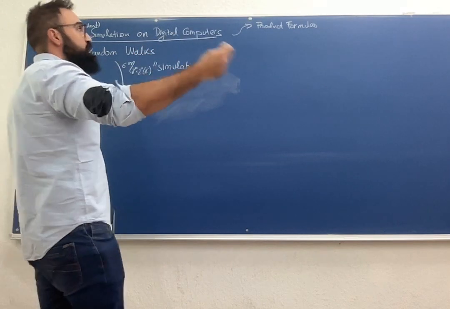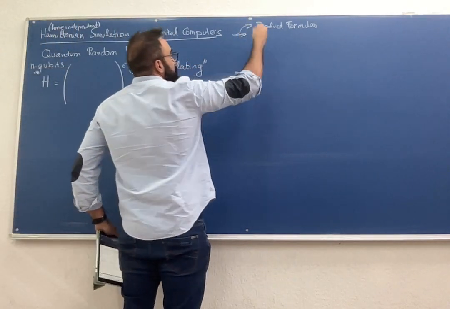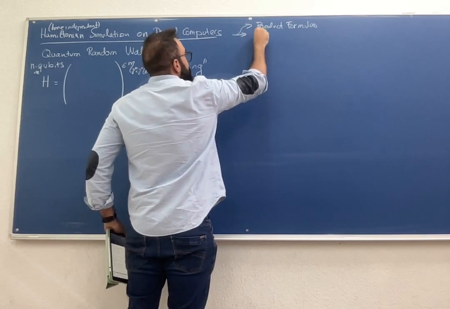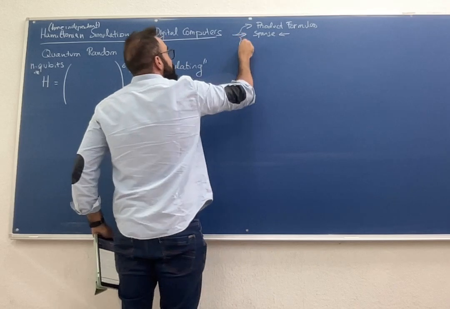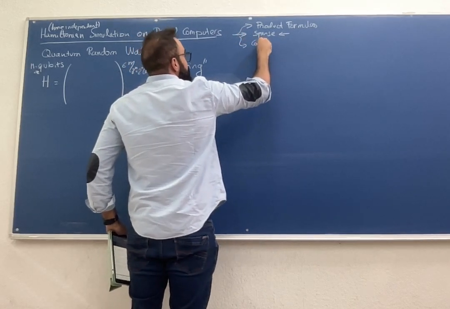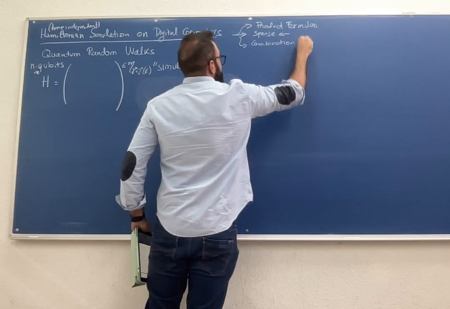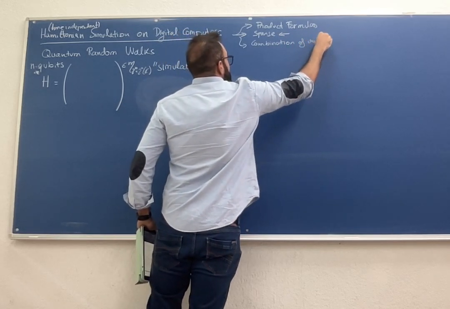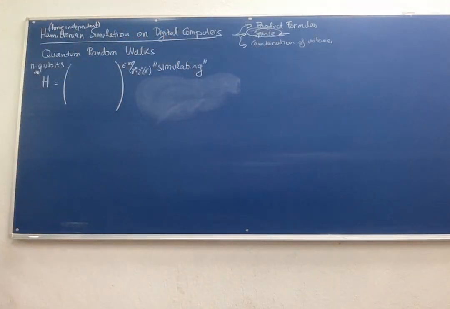Basically, we calculate the exponentiation by using these product formulas. The other school is sparse Hamiltonians. This is the one that we are talking about today. And the third one is the linear combination of unitaries. We're going to be focused on sparse Hamiltonians.